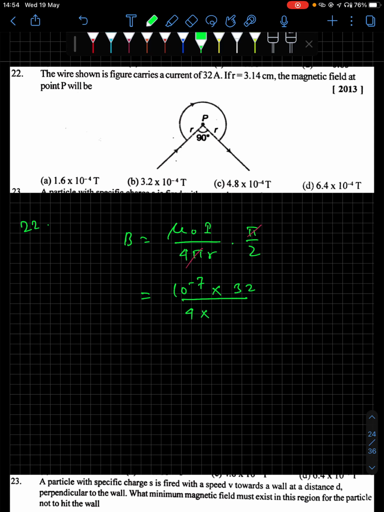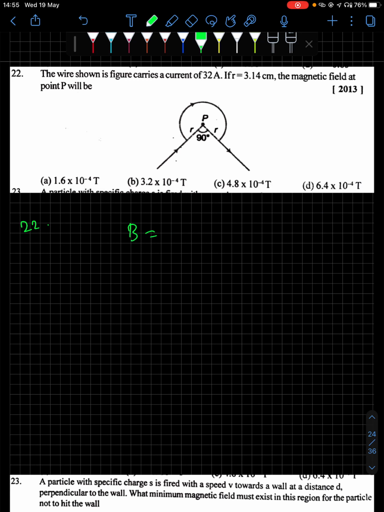The radius value is given as 3.14. So what you can do is that this can be done a bit more simply. Let's do it in a more simple manner.